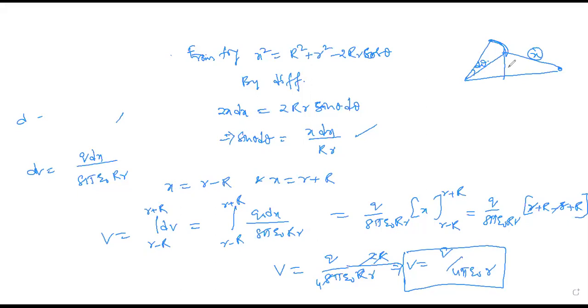The initial limit will be r minus capital R. When it is r minus capital R, what is happening there? Anybody can guess? If it is r plus R, what is the difference? R minus R means it should be the center. So from the center to outside we are taking. This is the only way we can do it.